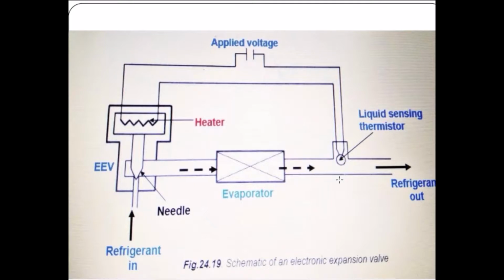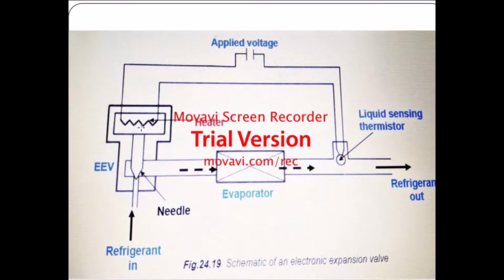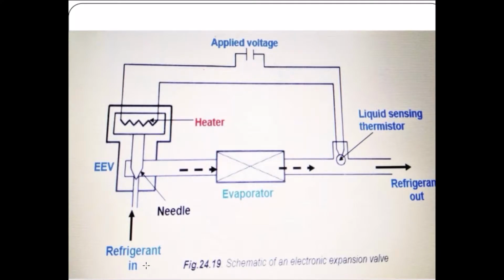If the sensor reads the evaporator is higher, it gives information to the heater to work lower. To go higher, to push the needle to increase the supply of refrigerant.